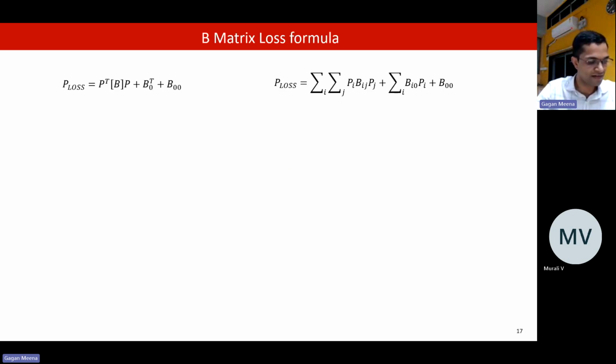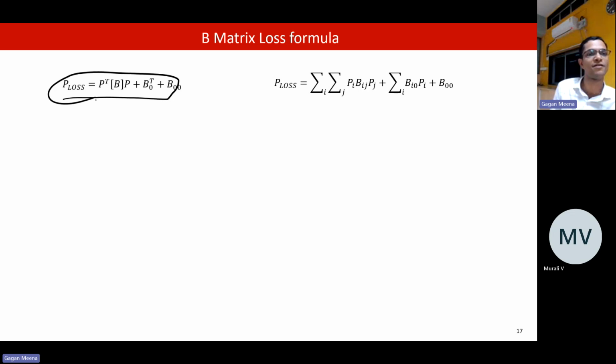Then we did this B matrix loss formula. It is dependent upon the generation, all the generation. All this is a vector of size n cross 1, B is n cross n, and this is 1 cross n.